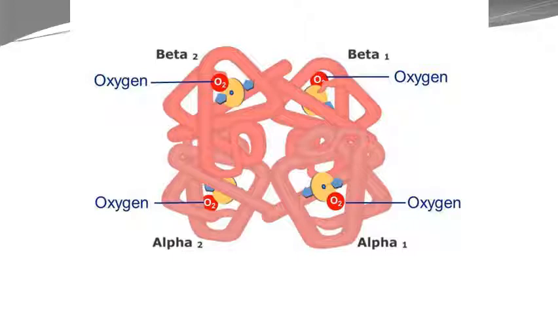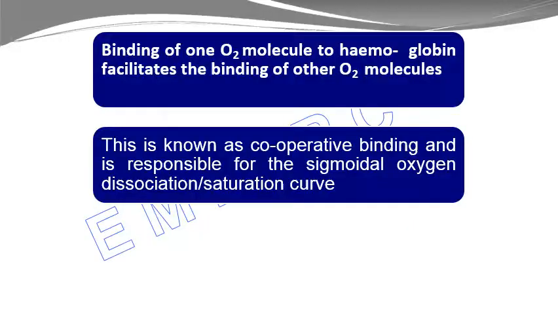That is, they will cooperate with one another, encouraging one another to bind. So binding of one oxygen molecule to hemoglobin will facilitate the binding of another oxygen molecule, and this is known as cooperative binding. And this is the reason why we have a sigmoidal curve.